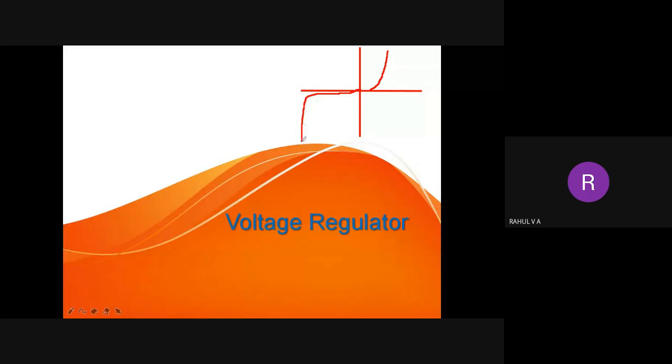What I have drawn now is the characteristics of a normal diode. You can see this is V, this is forward current I, this is minus V, this is minus I. I think all of you know this characteristics.